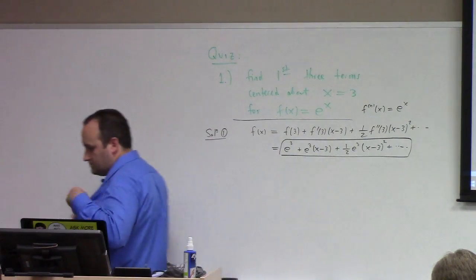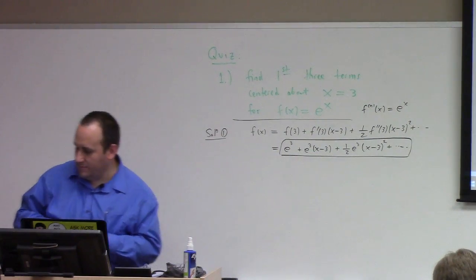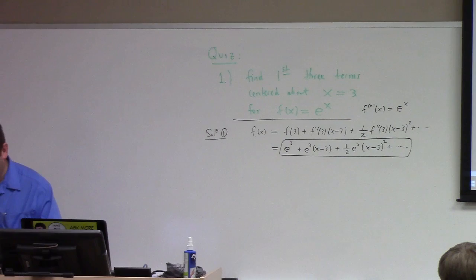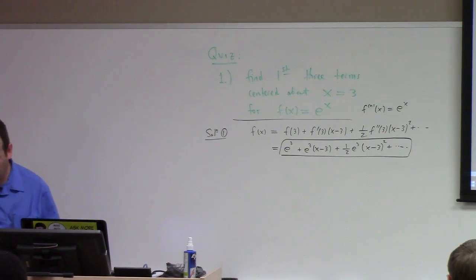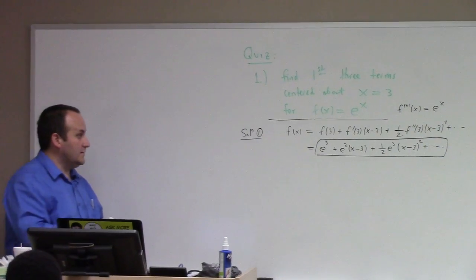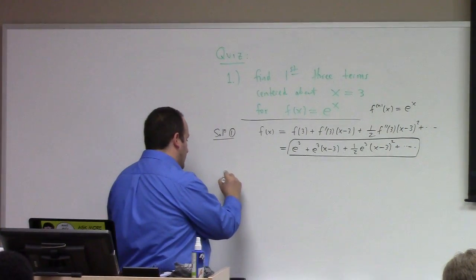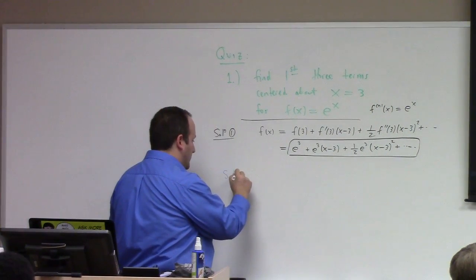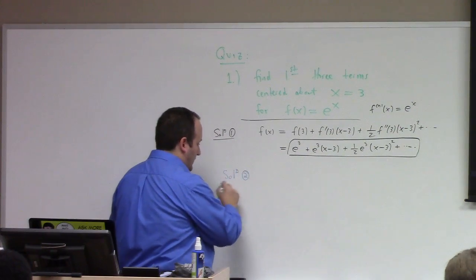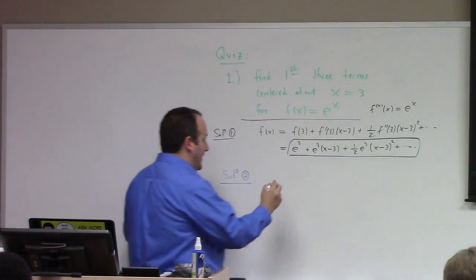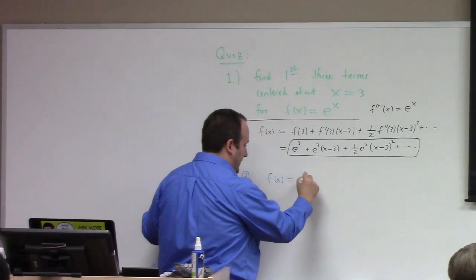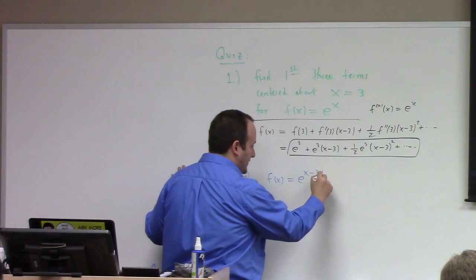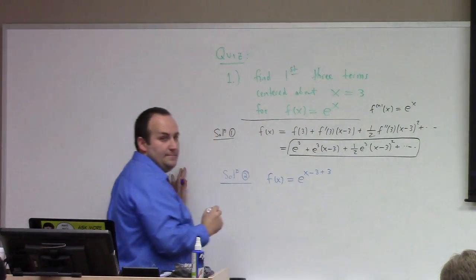I'm not sure I'll really give you the full proof; I'm going to sketch it. I won't take so much of your time as to really prove it. But anyway, I'll show you why it's true. So solution 2, the other way I would do this is with my adding 0 trick. So f of x is equal to e to the (x minus 3 plus 3), right?